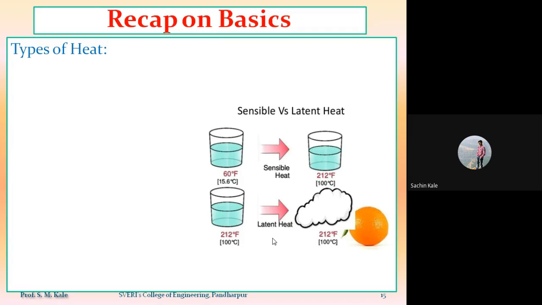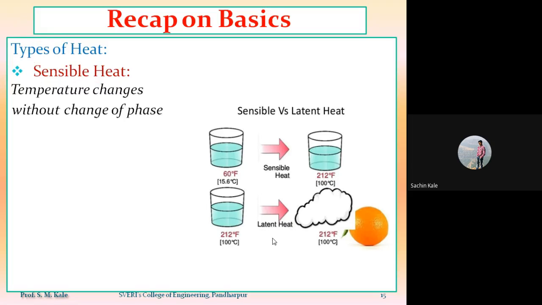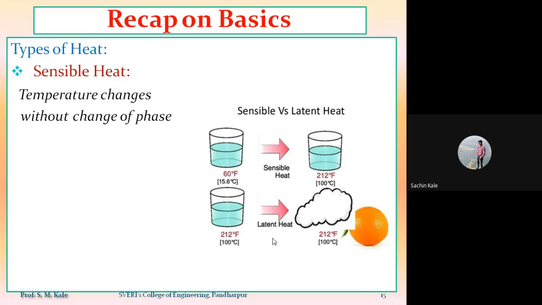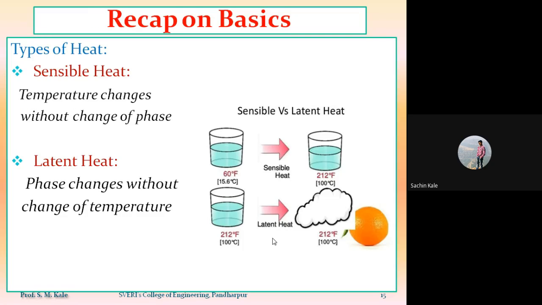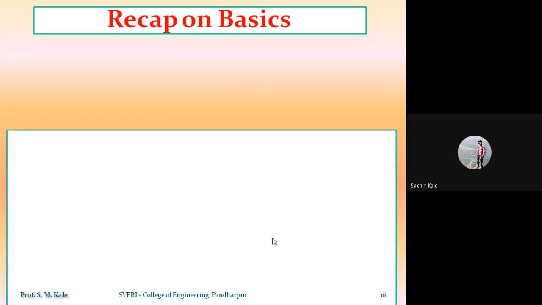Are you clear on the terms sensible heat and latent heat? In sensible heat, there is a change in temperature without changing phase, and in latent heat, there is a change of phase without change in temperature of that substance. Are you getting it? Yes or no? So that is sensible heat and latent heat.